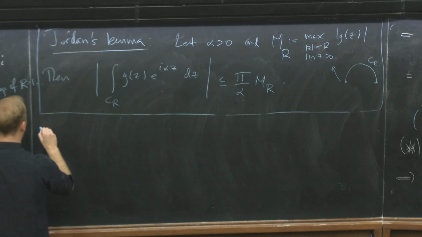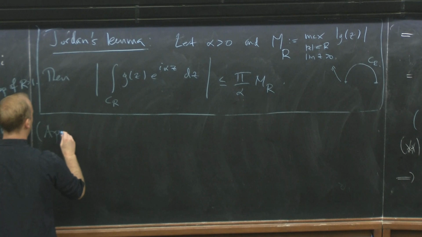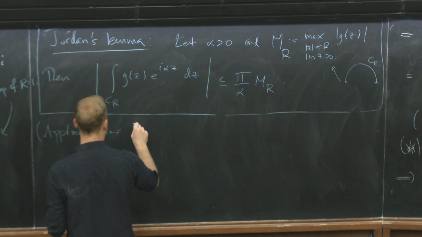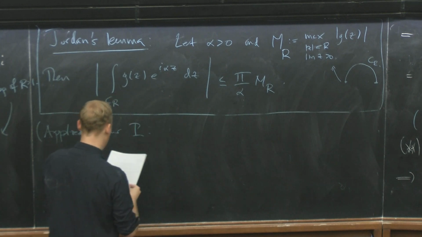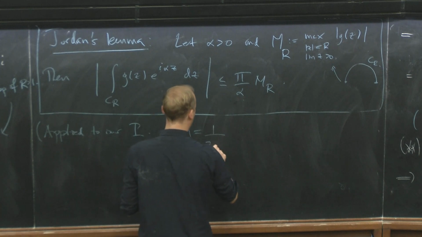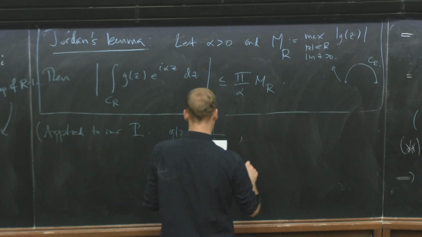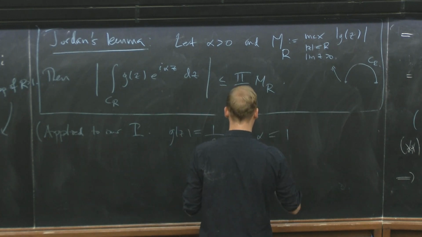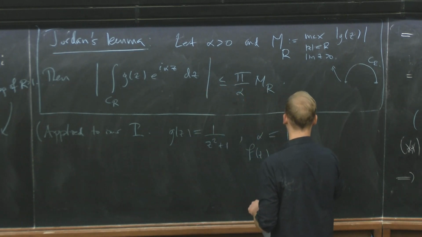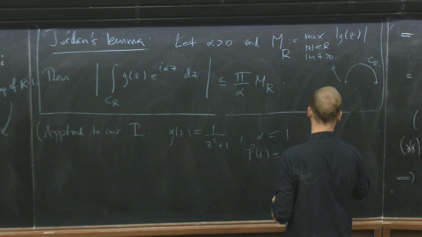Okay, and so applied to our problem, to our integral I, we have g of z is 1 over z squared plus 1. Alpha is equal to 1, so that f of z is equal to g of z e to the I alpha z.